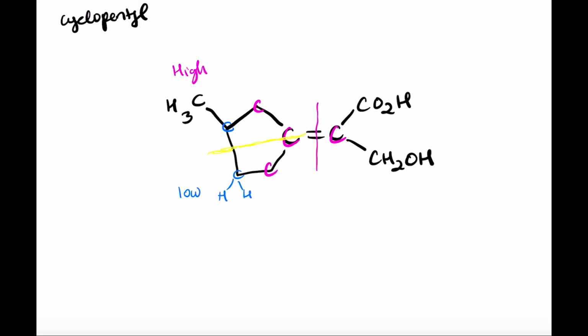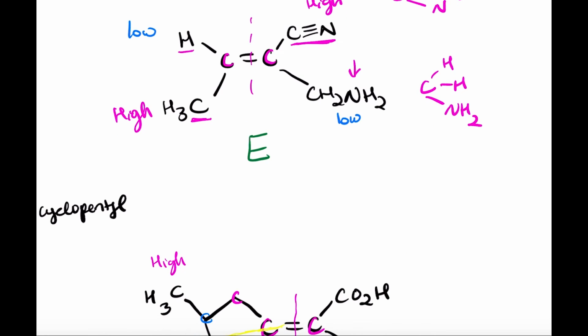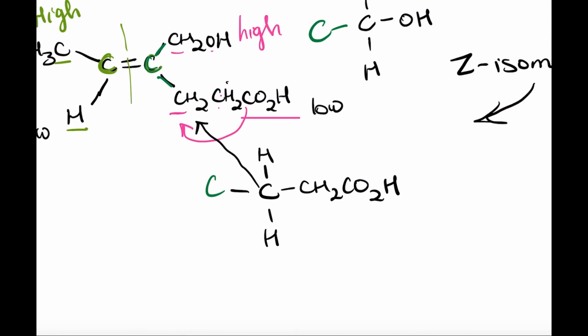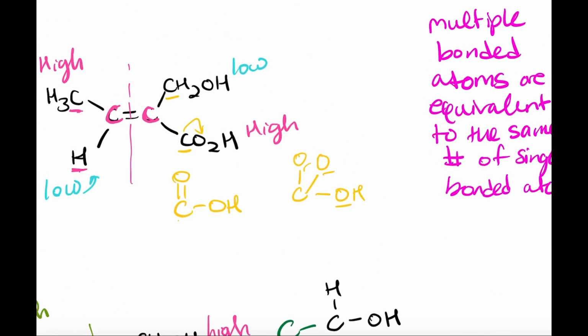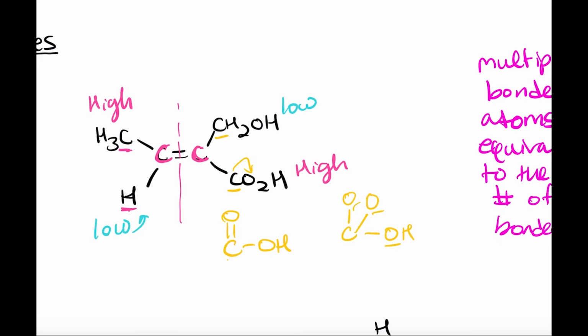So, like I said before, in the previous example, as I showed you up here, this one had a higher priority than this one here. And it's due to the fact that this carbon is double bonded to that oxygen.